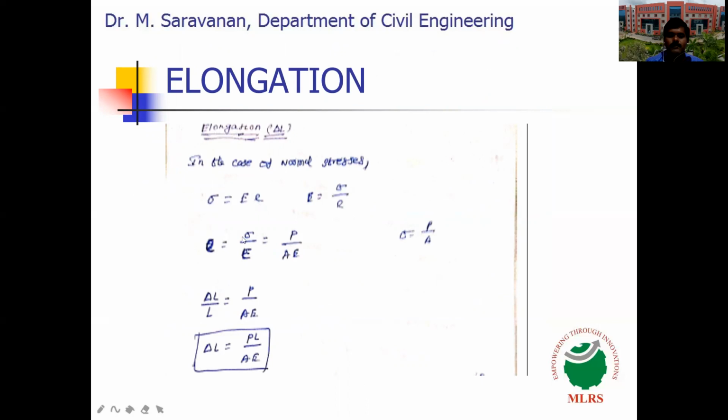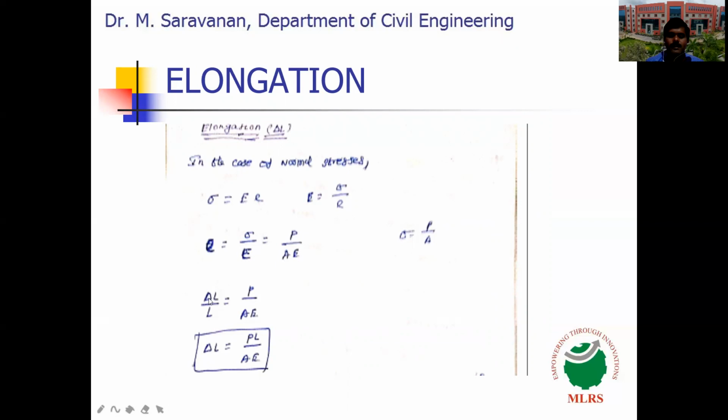So the strain is equal to stress by Young's modulus. Here the stress is nothing but load by area, P by A, divided by Young's modulus E. So strain is equal to P by AE. And strain is nothing but delta L by L, change in length by original length. So delta L by L is equal to P by AE.